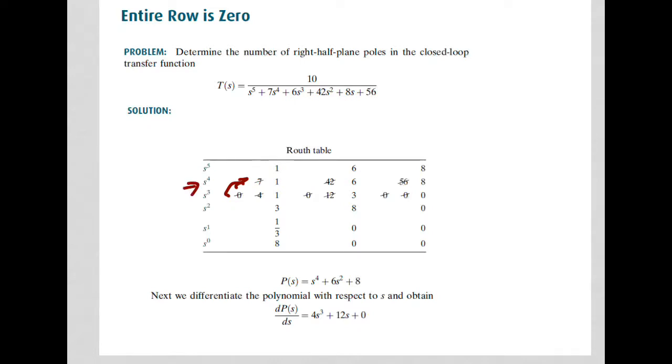The polynomial will start with the power of s in the label column and continue by skipping every other power of s.